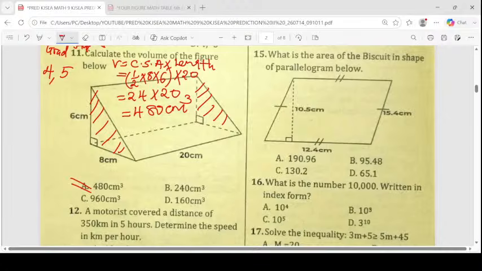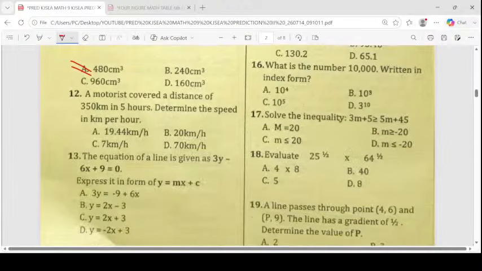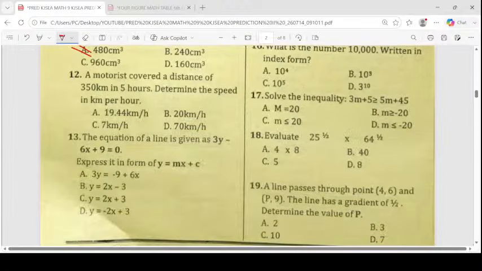Let me look at the next question. Question number 12. A motorist covered a distance of 350 kilometers in 5 hours. Determine the speed in kilometers per hour. How do we get speed? Speed is given by taking the distance divided by the time.